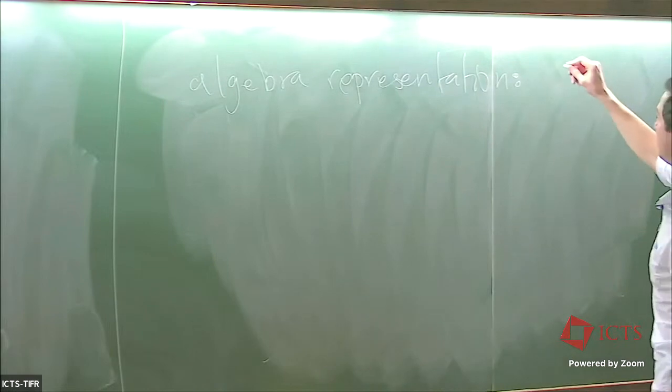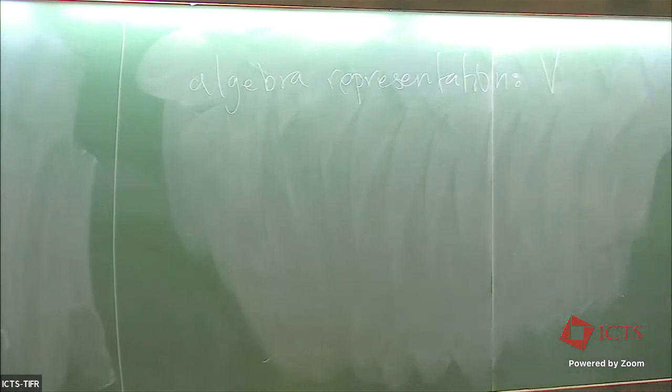Well, it's a map. I choose a vector space, and I choose a map from my algebra A into endomorphisms of my vector space V.